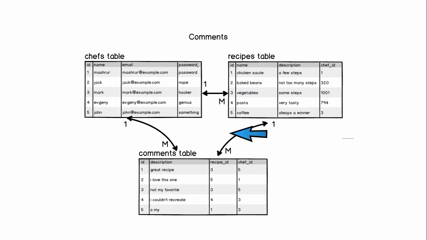So here's an example of one resource, comments, that has multiple one-to-many associations, okay? And this, of course, will allow us to do things like chef.comments or recipe.comments, comment.chef or comment.recipe. It'll give us all of these features. All right, so back to our application.